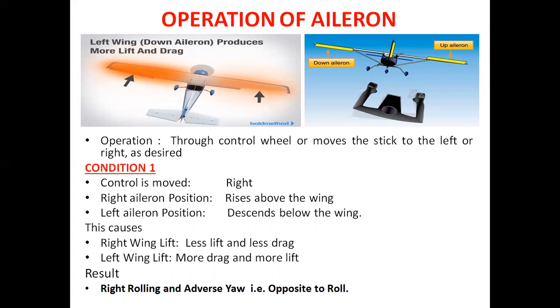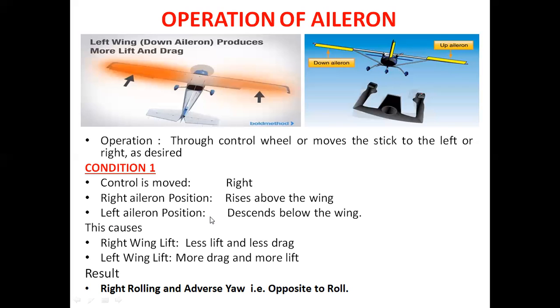Now what will be the position of right aileron? So here is a right aileron and here is a left aileron. When the control stick moves towards the right, tilting toward the right side, the right aileron will raise above the wing. So right aileron will be deflected upward.